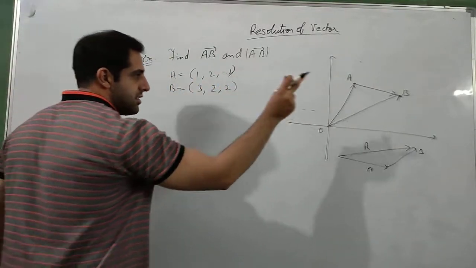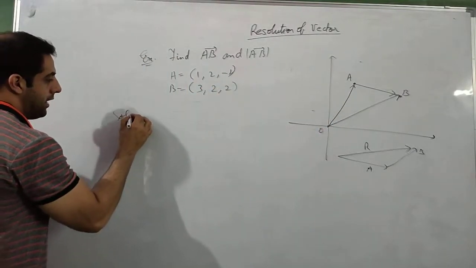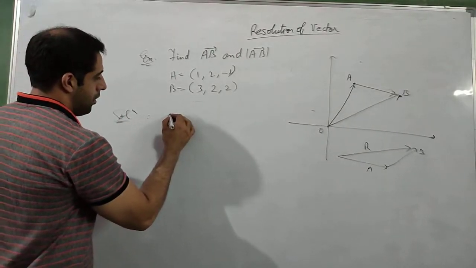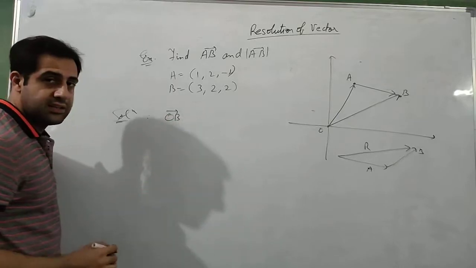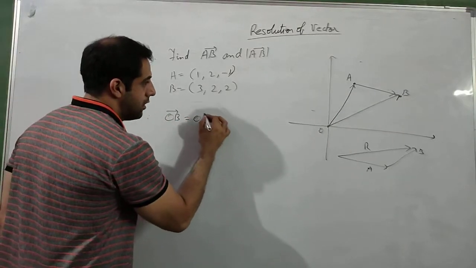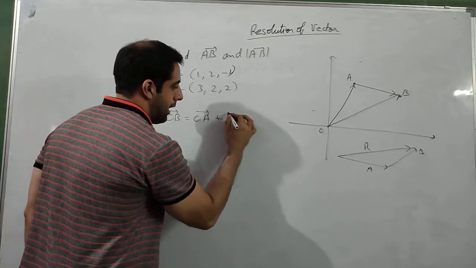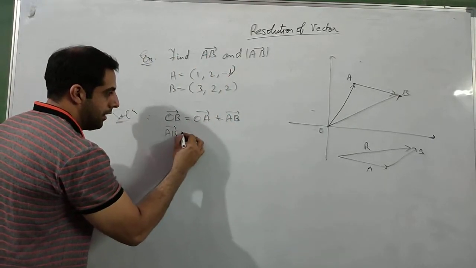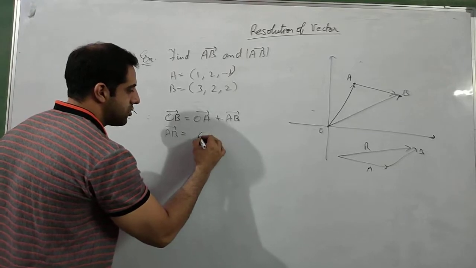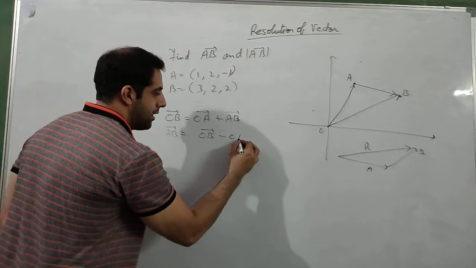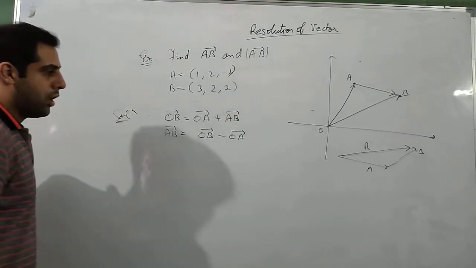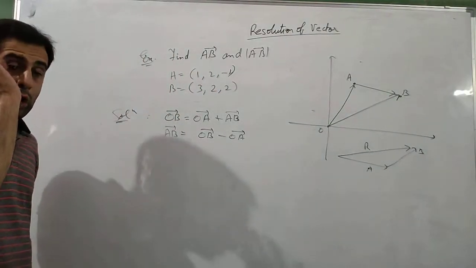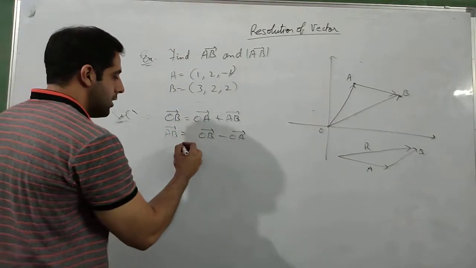So using this diagram, according to the triangular law of vector addition, OB is the resultant and will be given as OA plus AB. But since we have to find AB, I will take AB on this side and the remaining on the other side, so it becomes OB minus OA. Now we need vectors OB and OA. I already told you how to find vectors from the coordinates.